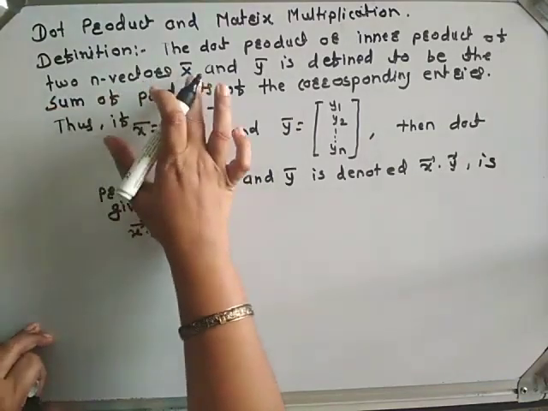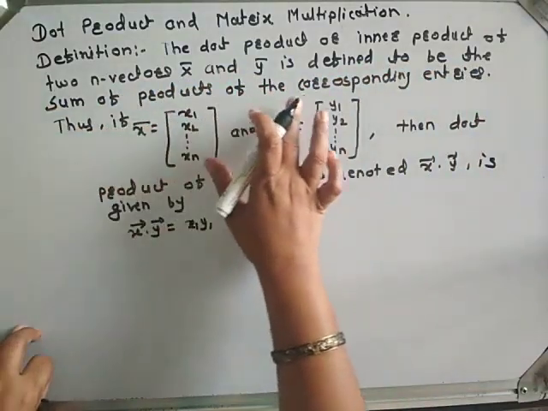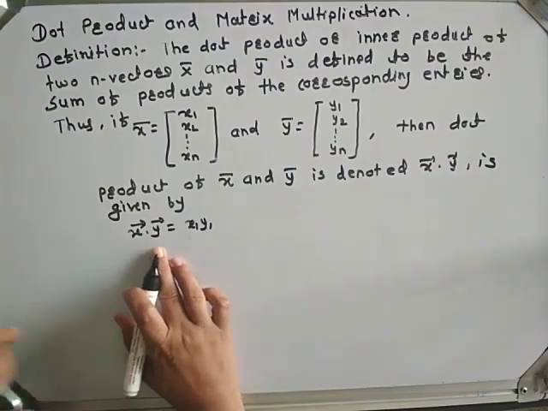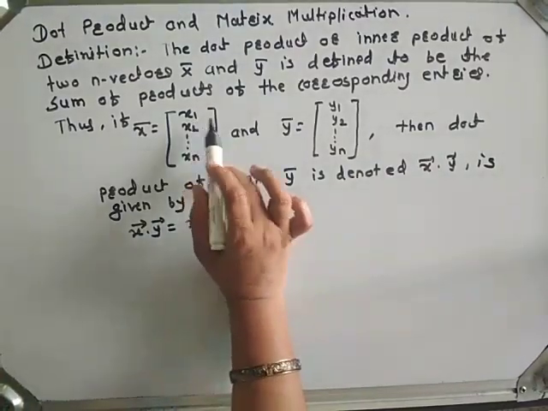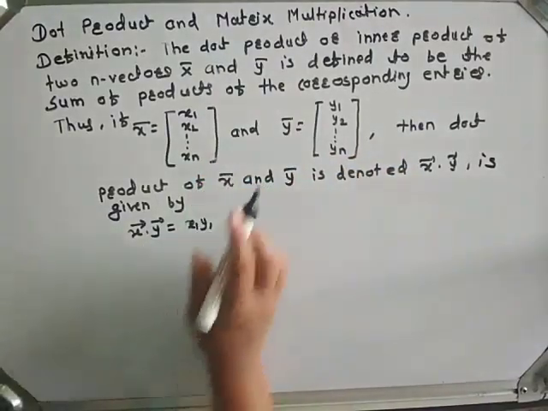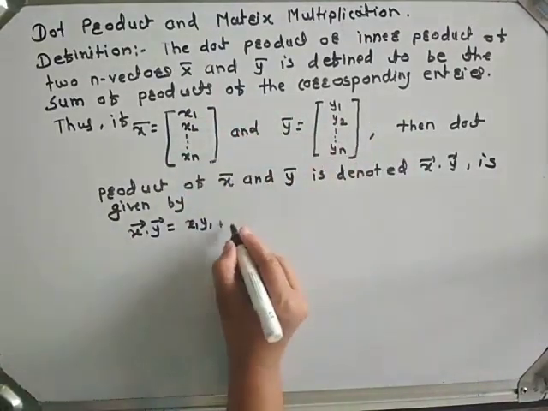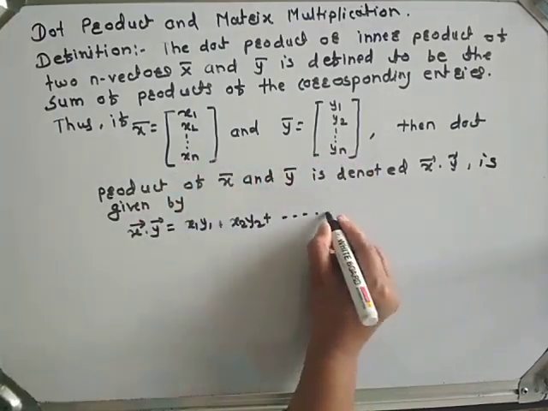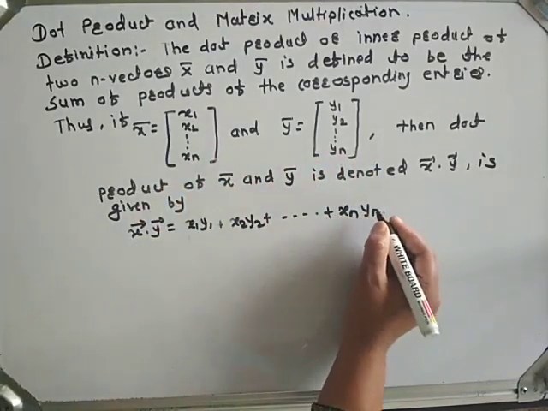See here, what is the dot product? Dot product of two n vectors x bar and y bar is defined to be the sum of products of the corresponding entries. Therefore, x bar dot y bar is equal to x1 into y1 plus x2 into y2 plus and so on up to xn into yn.